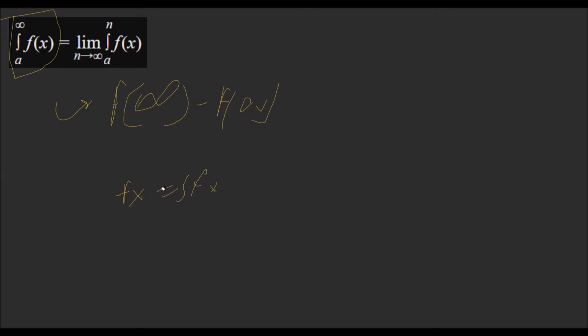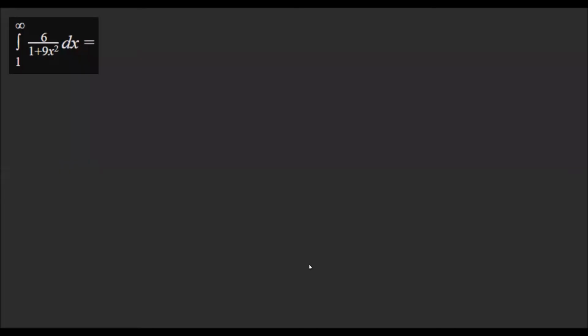We can't do that for some reason. And so we have to take the limit as n approaches infinity of the integral from a to n of f of x. And it's incredibly simple, really. That's all you have to do. And so we might as well jump into the practice problems.